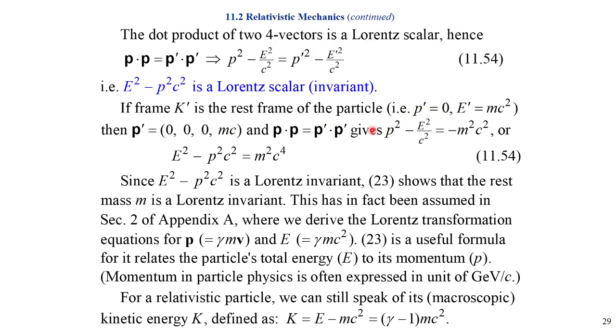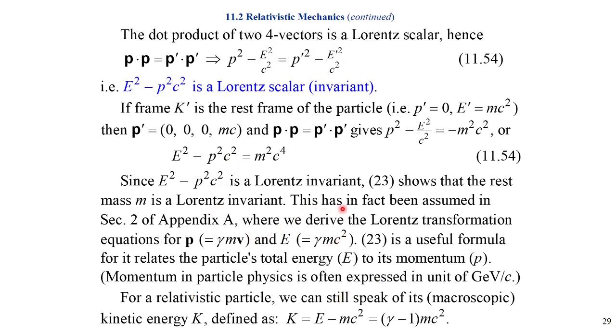But energy minus momentum squared times c squared is an invariant quantity. Energy and momentum are conserved quantities: before collision, after collision, they are the same, but they are not invariant quantities. And energy minus momentum squared c squared is an invariant quantity. So the rest mass is invariant.